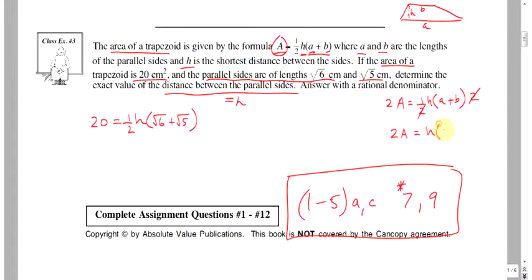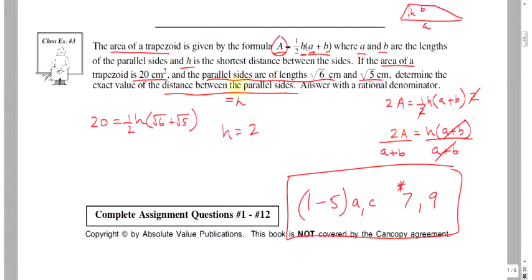Is h times a plus b. All I have to do is get rid of that bracket a plus b. h times a plus b. What's the opposite of times a plus b? Divide a plus b. And I solved it for h. It's 2A over a plus b, okay?